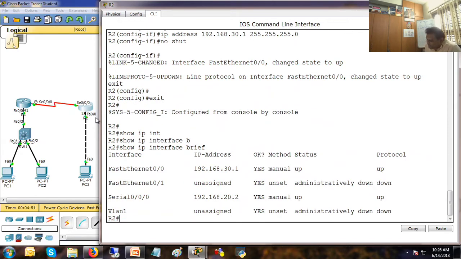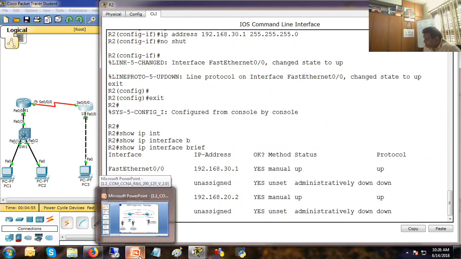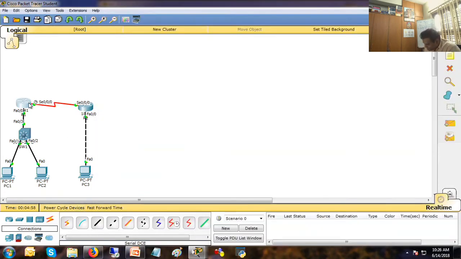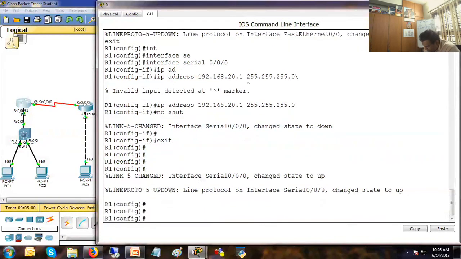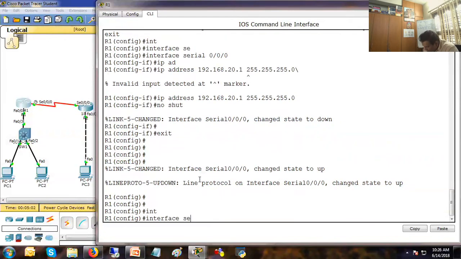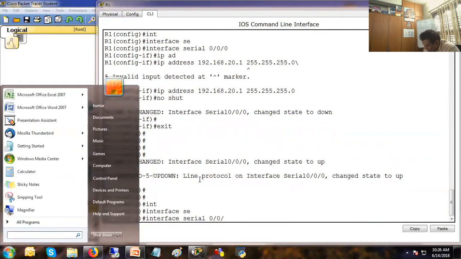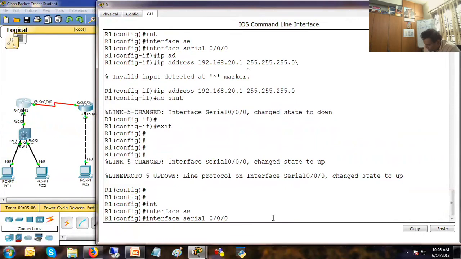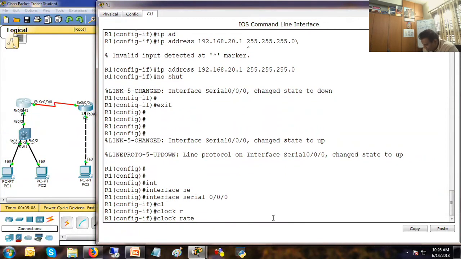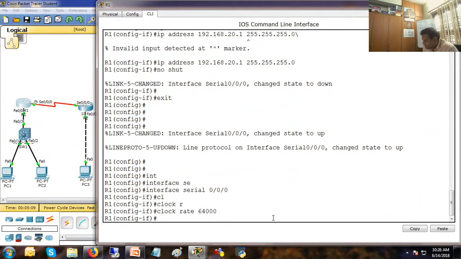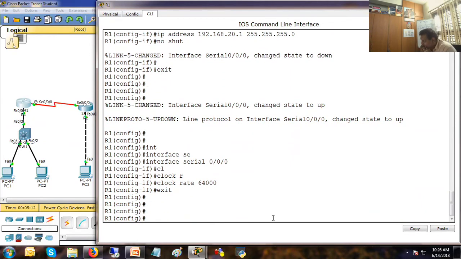Now I am going to configure. Next, serial. What is the command? Interface serial 0/0/0, clock rate 64000. Right, serial type.